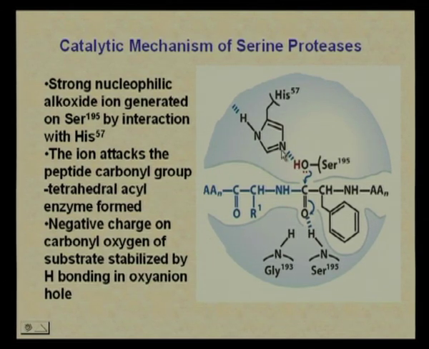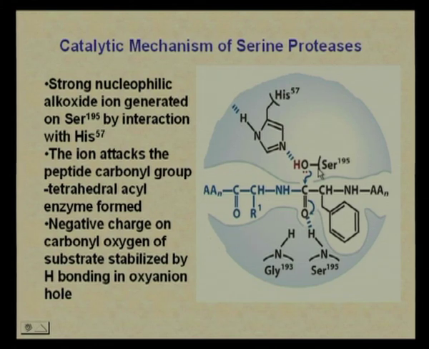So, after this abstraction, there is an ion at the serine side chain. What is this going to do? This is going to attack the peptide carbonyl group, and we have an acyl intermediate formed. What is an acyl intermediate? An OCO group.